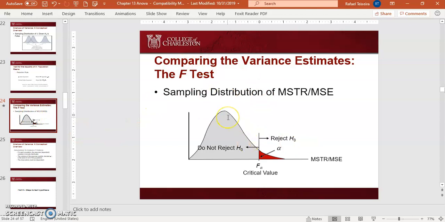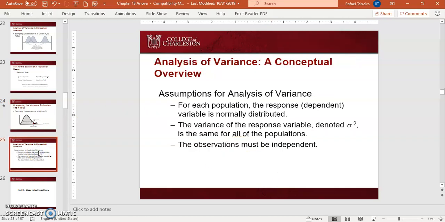This is the conceptual understanding. In the case of ANOVA, we have only one tail, so we have a critical value for the F associated with the level of significance we want. If I compute the F statistic and it is in this region, higher than the F critical, then I reject the null hypothesis.